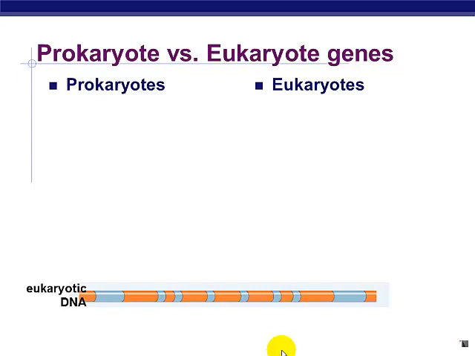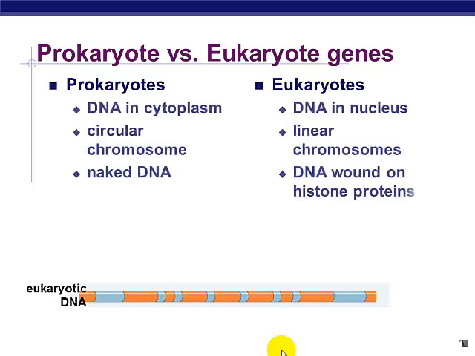It's in what we call a nucleoid region. It's in the center of the cell, but it's not protected by a membrane because prokaryotes don't have membranes. They do not have introns.